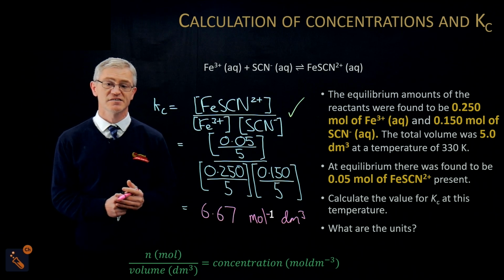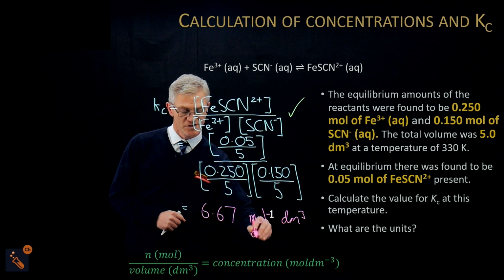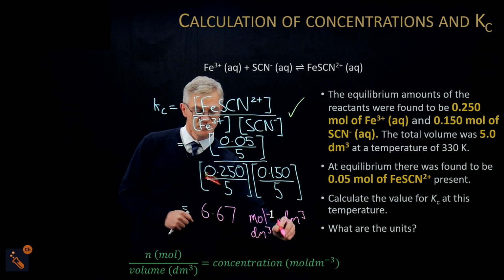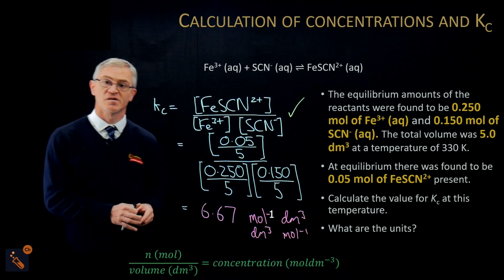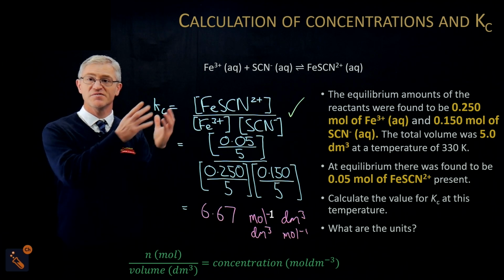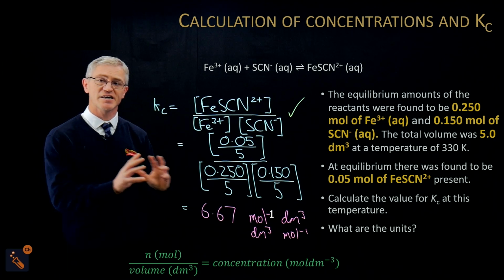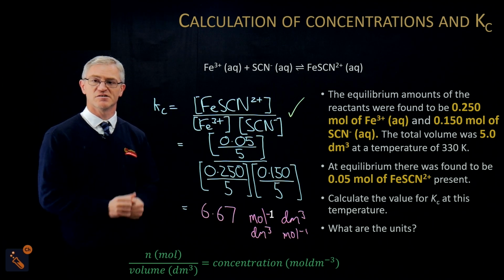So you could write it like that if you want. Or the proper answer would be the positive one first, so decimeters cubed moles -1. Okay. So there you have a calculation where you are given the moles, you have to calculate the concentration, and you're given the units and your answer to 3 sig fig.